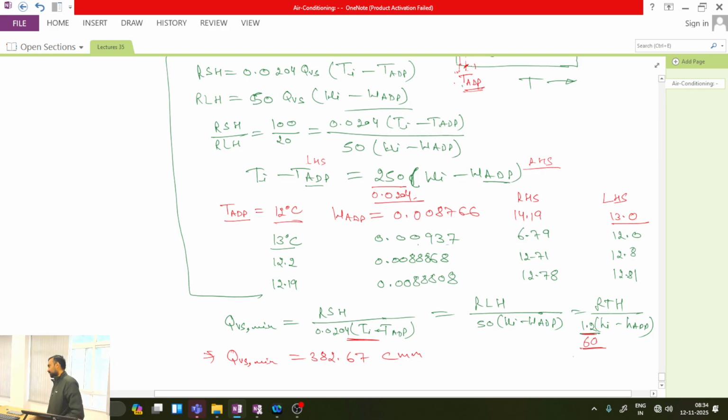How much is it coming? Please tell me. 1.2 by 60. 0.02. Yes, correct. So this factor should be in RTH. This factor should be 0.02. Have I given this in the previous class? Correct.